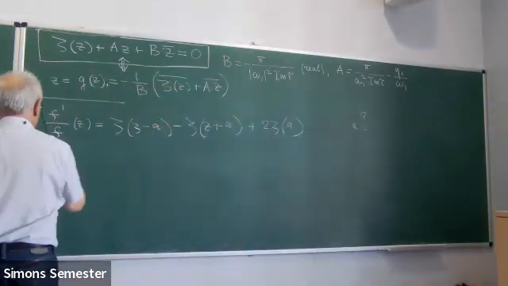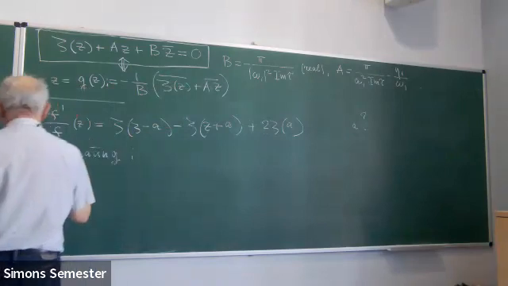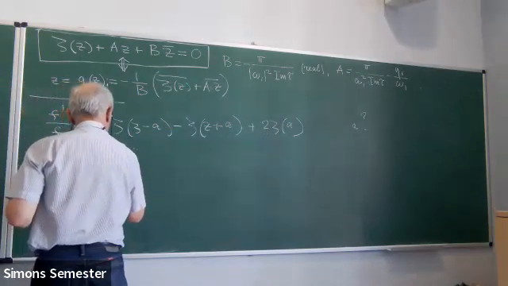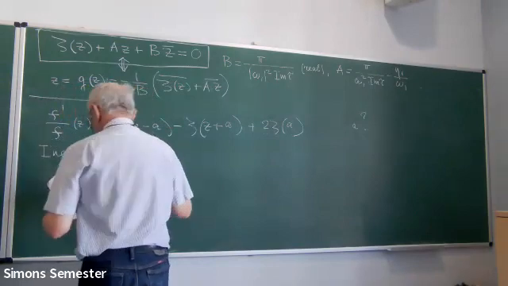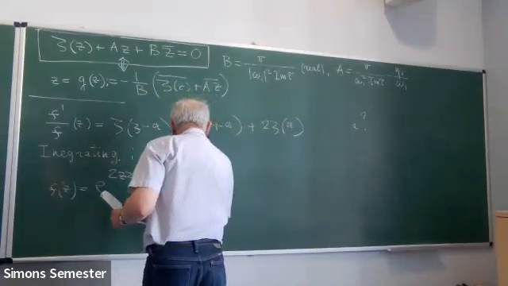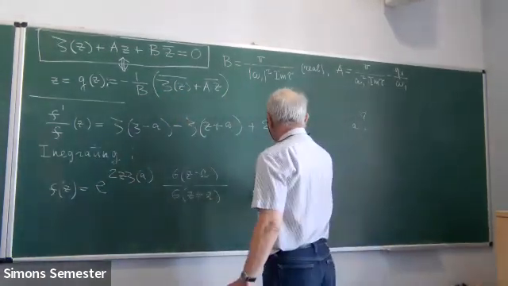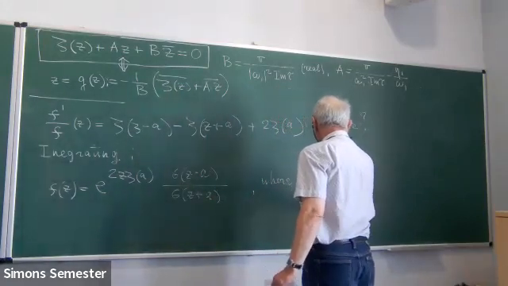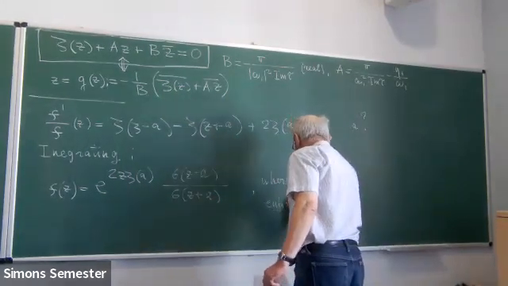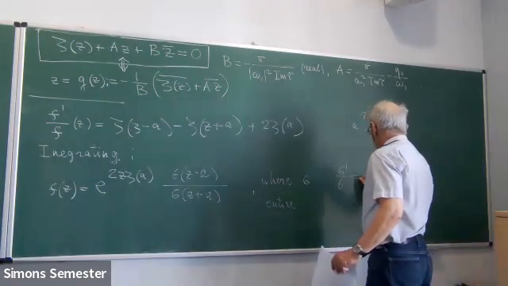Okay, and now integrating this, you obtain that f equals e to the z zeta of A times sigma of z minus A over sigma of z plus A. So sigma is the Weierstrass sigma function, which is an entire function, and it has one simple zero per period. So sigma prime over sigma is zeta.